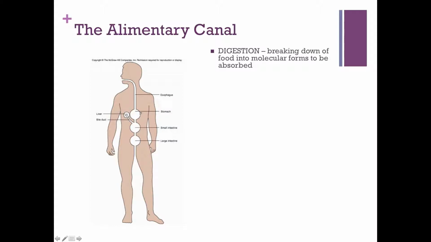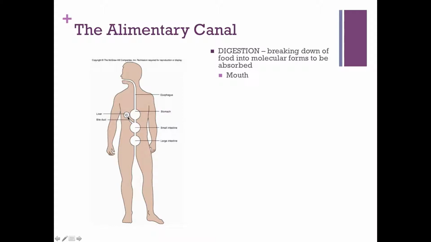We'll go down to the esophagus, the stomach, and then the small intestine and the large intestine. There's also an accessory organ here with regards to digestion called the liver, and that's really important because the liver is going to be making bile. Without bile, we can't break down and then absorb fat products. So the liver needs to be active, making bile for full digestion.